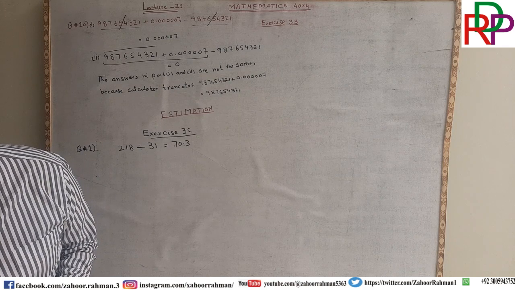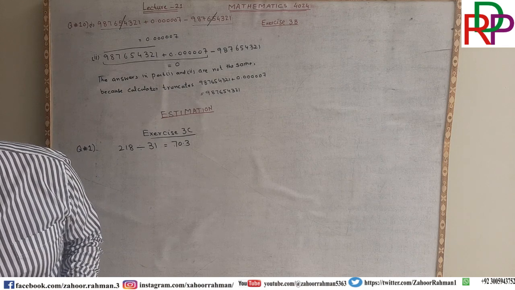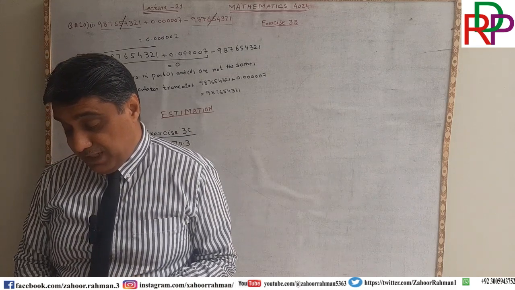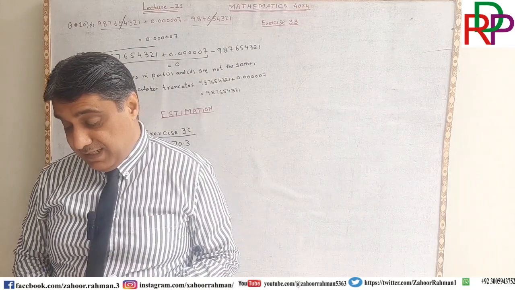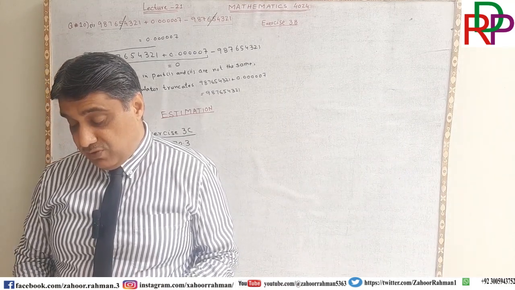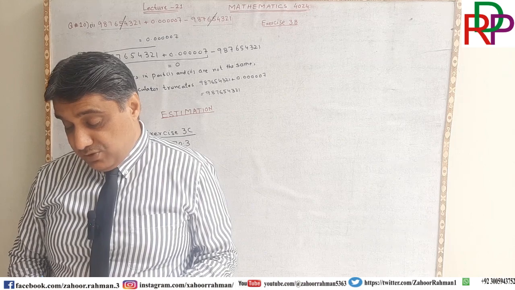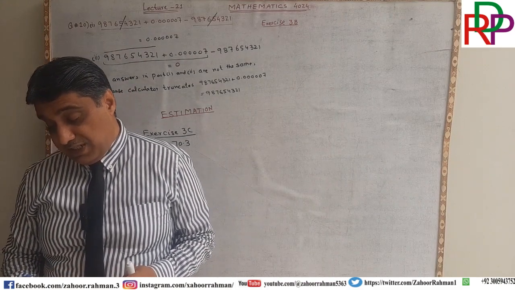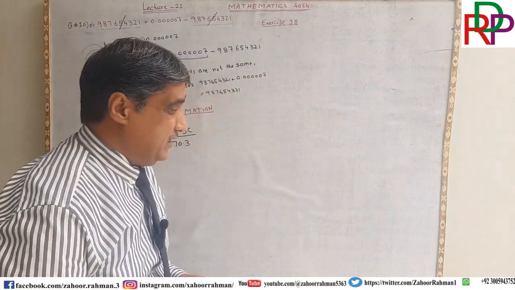Without doing the actual calculation, use estimation to determine whether Priya's answer is reasonable. Then use a calculator to evaluate 218 divided by 31. Is your estimated value close to the actual value?